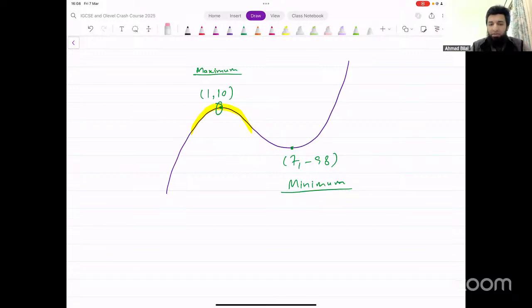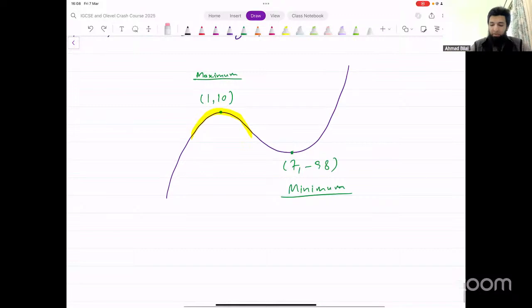Local maximum means it is a maximum point in its own locality, in its neighborhood. But far away somewhere, there might be some point that is going above as well. However, in its immediate neighborhood, in this region, it is a maximum. And similarly, for the other point, in its immediate neighborhood, this is a minimum.